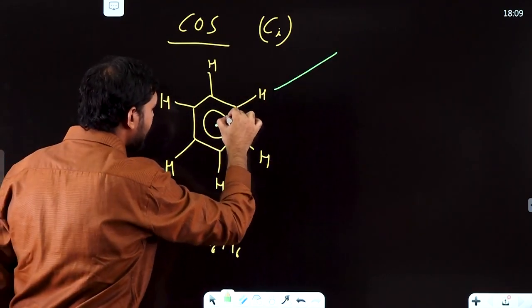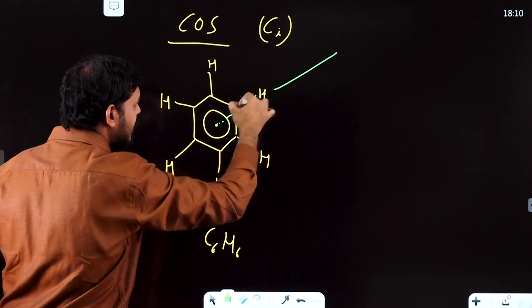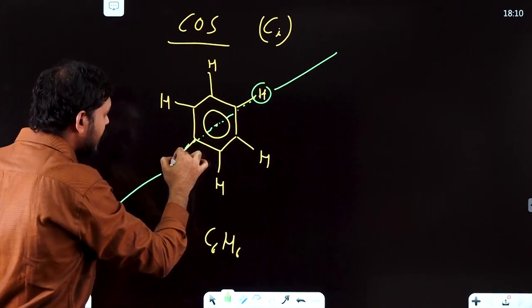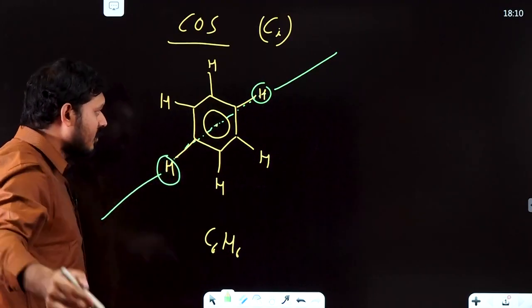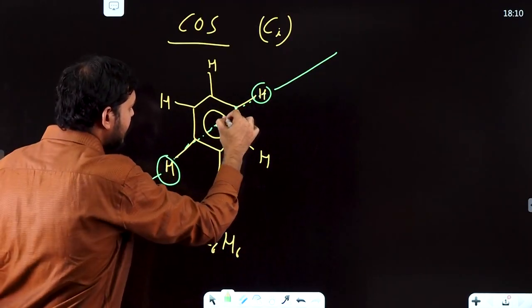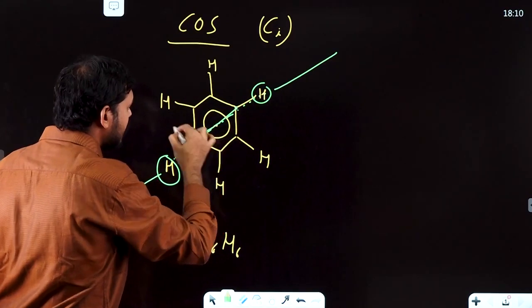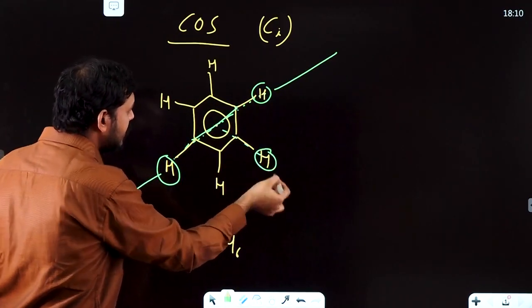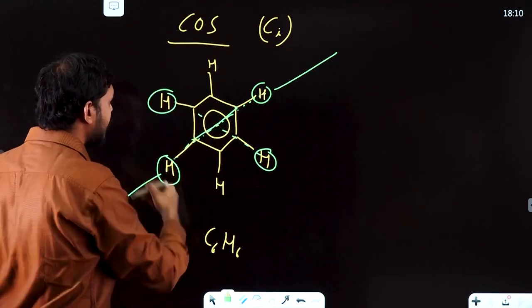you can see if I move this much distance in this direction, I get a hydrogen atom here. Again, on the opposite side, at equal distance, I get a hydrogen atom here. At this much distance, carbon atom, again this much distance, carbon atom. Again, if I see this side, same distance, hydrogen, opposite hydrogen.